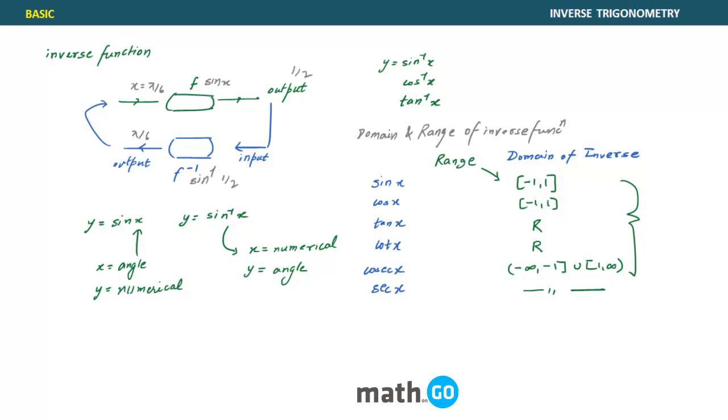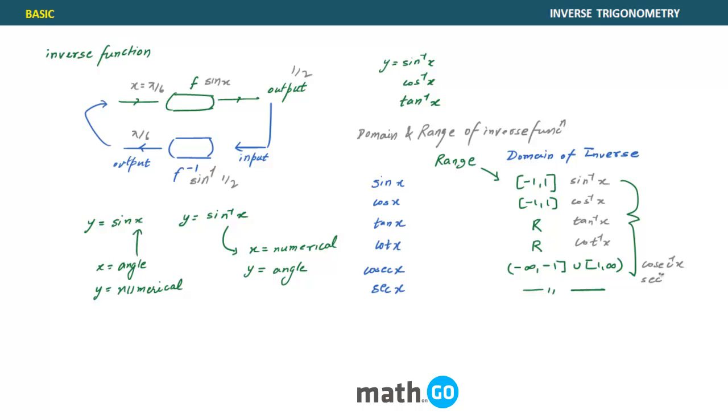This is the domain of sine inverse x. That means the sine inverse machine will work only when its input is between -1 and 1. This is for cos inverse, this is for tan inverse, cot inverse, cosecant inverse, and secant inverse.